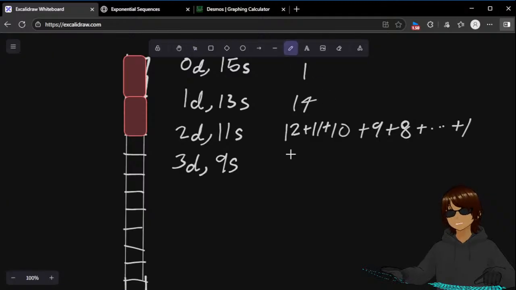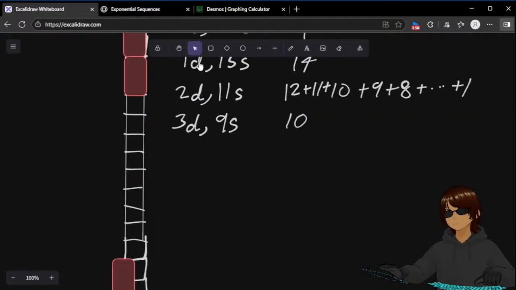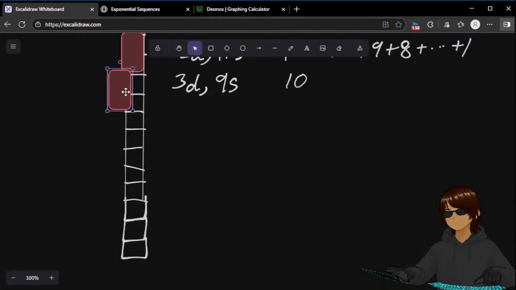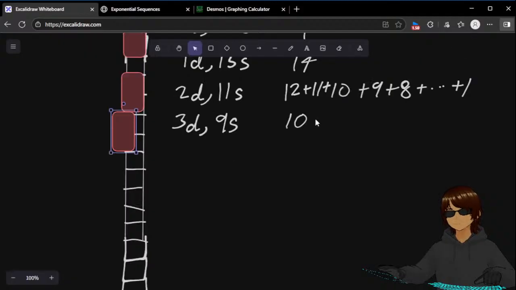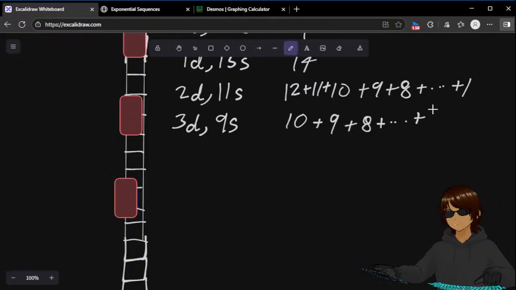I guess that makes sense because this is 14, this is 12, this should be 10. So what we need is to shift this one back, and then there will be 9 spaces to move. And then this goes here, and then there will be 8 spaces to move, all the way till 1.